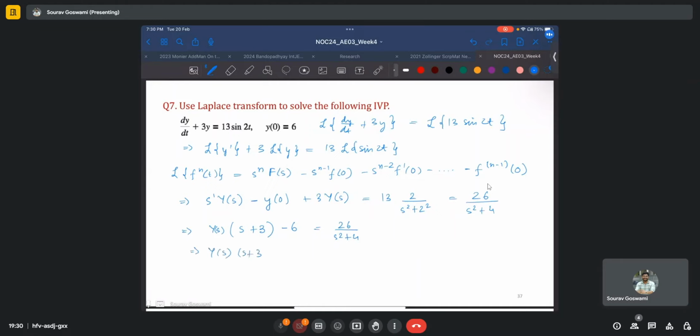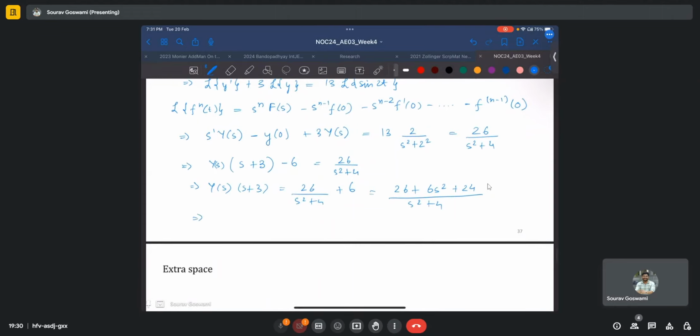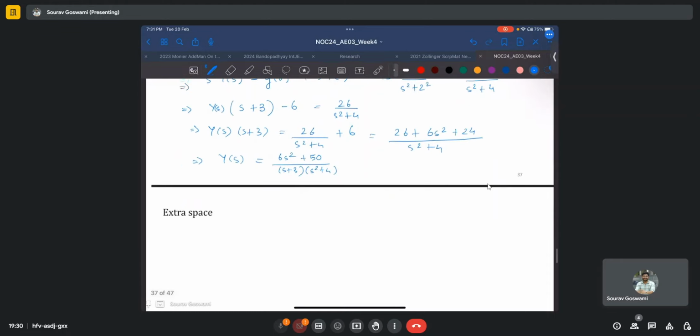Y of s times s plus 3, we take 6 to the other side, so it is 26 by s square plus 4 plus 6, which is equal to 26 plus 6s square plus 24 by s square plus 4, which implies that y of s is equal to 6s square plus 50 by s plus 3 into s square plus 4.